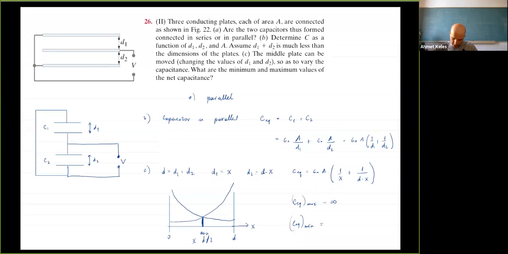So this is D over 2, 1 over D over 2 times 2, 4 over D, it's something like this, 4 times epsilon naught A over D, and let's remind what D was. D was D1 plus D2. So it's D1 plus D2, right?